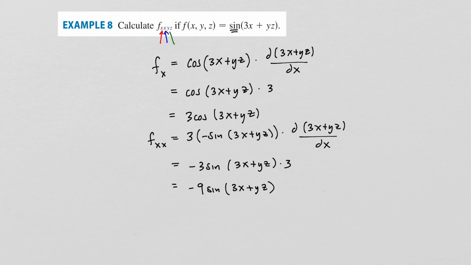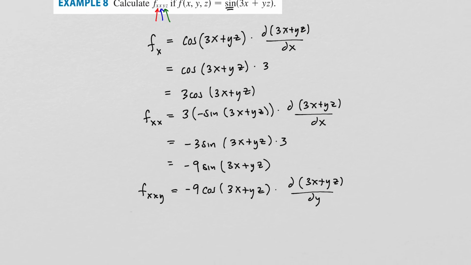Next, we are going to take the derivative of that function with respect to y. So this is going to be fxxy. Negative 9 is a constant. The derivative of sine of anything is cosine of that thing. So we have negative 9 cosine of 3x plus yz multiplied by the derivative of 3x plus yz, but this time it's with respect to y because that's the derivative we're taking.